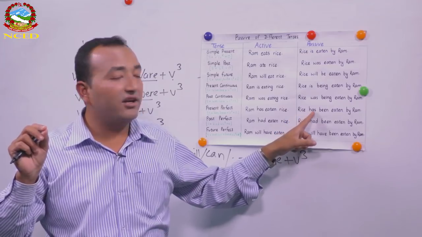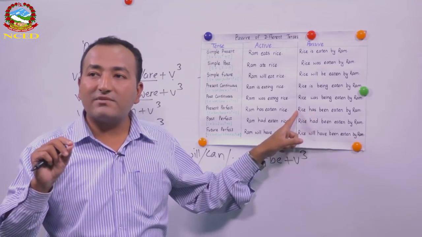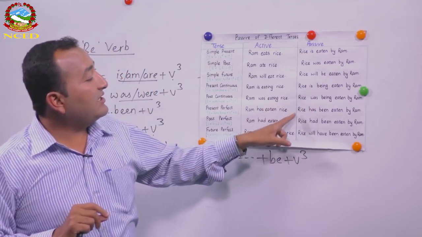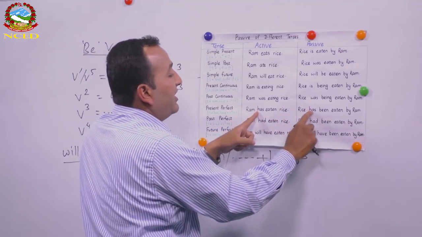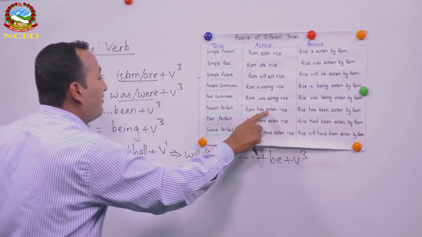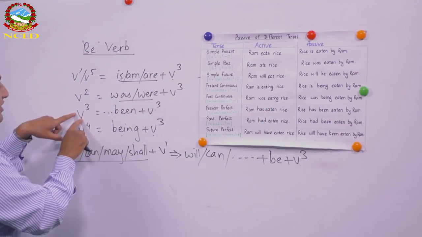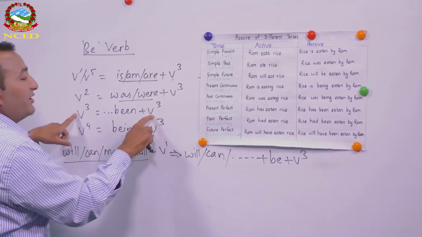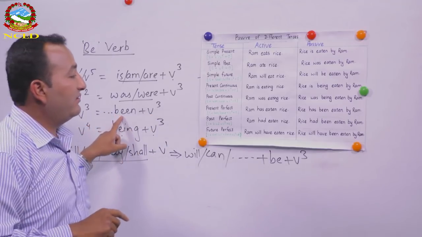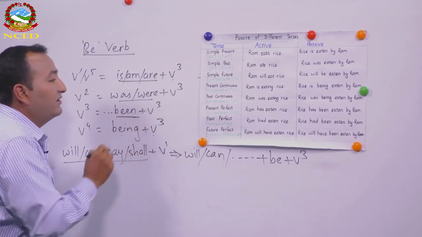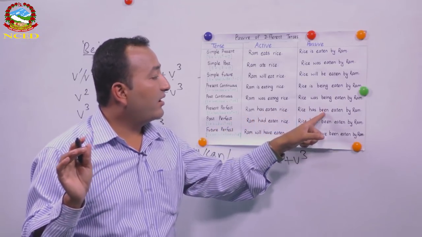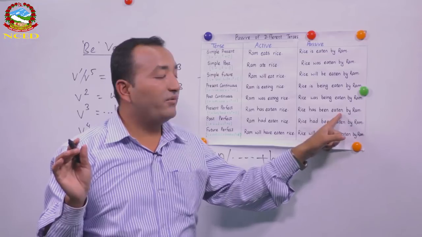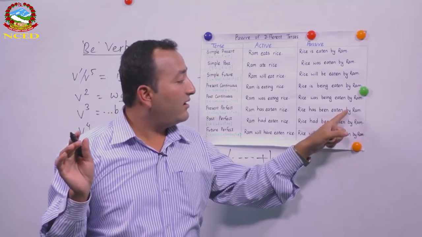If singular subject, use has. If plural subject, use have. Rice has, the same auxiliary verb works here. In place of verb 3, look at this. If there is verb 3, we use been plus verb 3. Use been. Don't worry. This is the rule. Been. And again, verb 3, we need eaten, and by Ram.